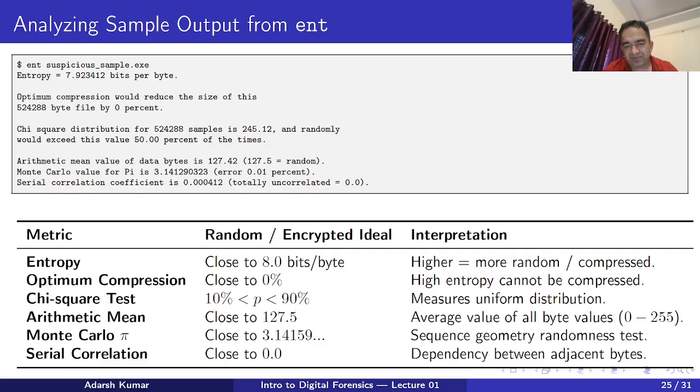The rest of the metrics, like the chi-square distribution, arithmetic mean, Monte Carlo pi estimation, and serial correlation, all give us deeper mathematical proof of whether the bytes are distributed purely at random or if there are hidden patterns inside.